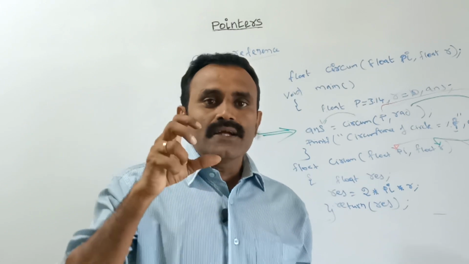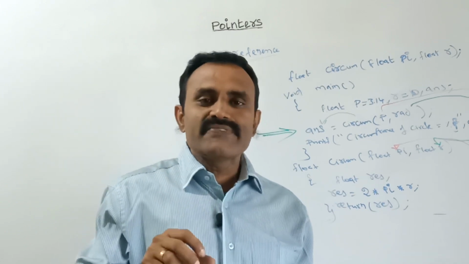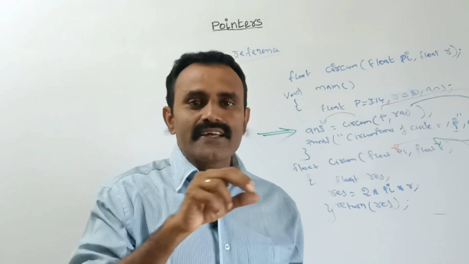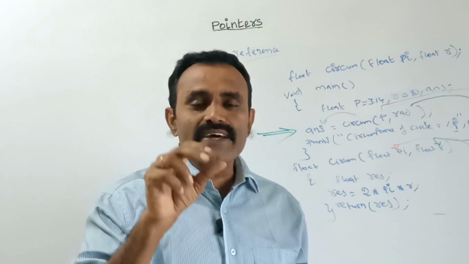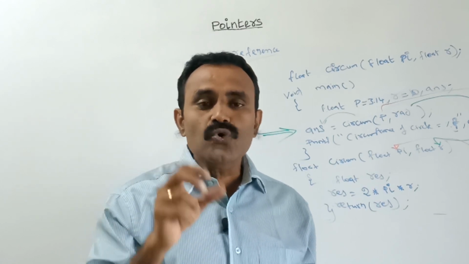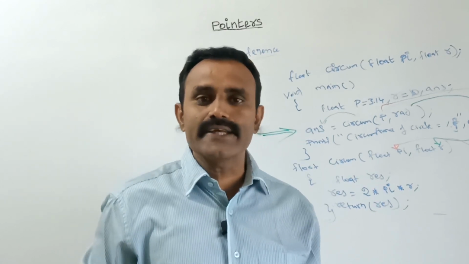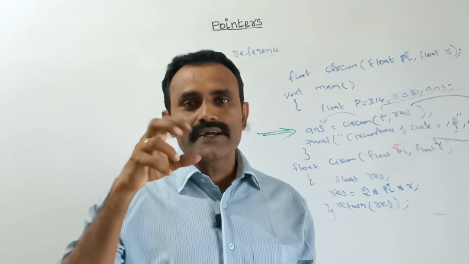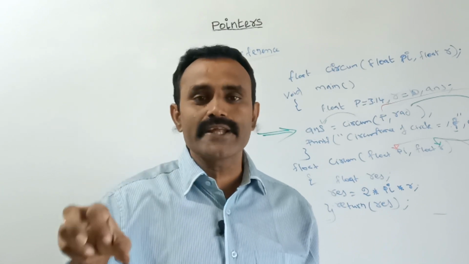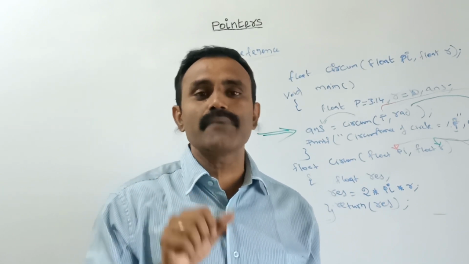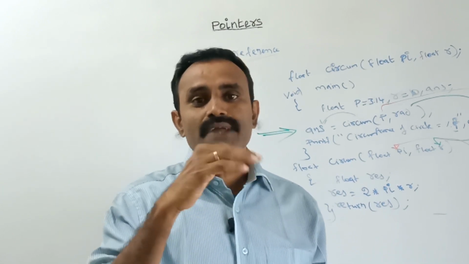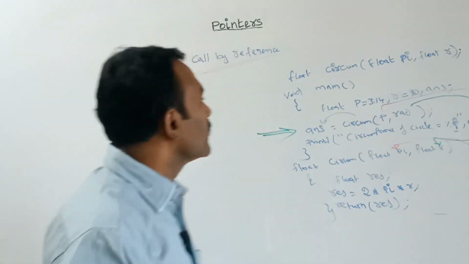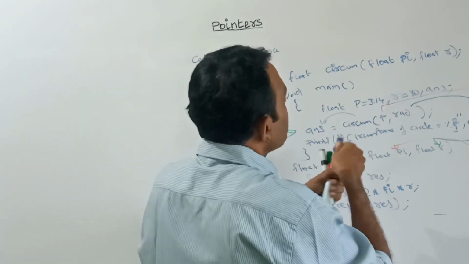What purpose were these pointer variables used for? See, in the last class we saw that a pointer variable is used to store the address of another variable. So while passing the address, we should store that address in a variable, so we use the pointer variable for storing the address of another variable. So here we should mention the pointer variable.